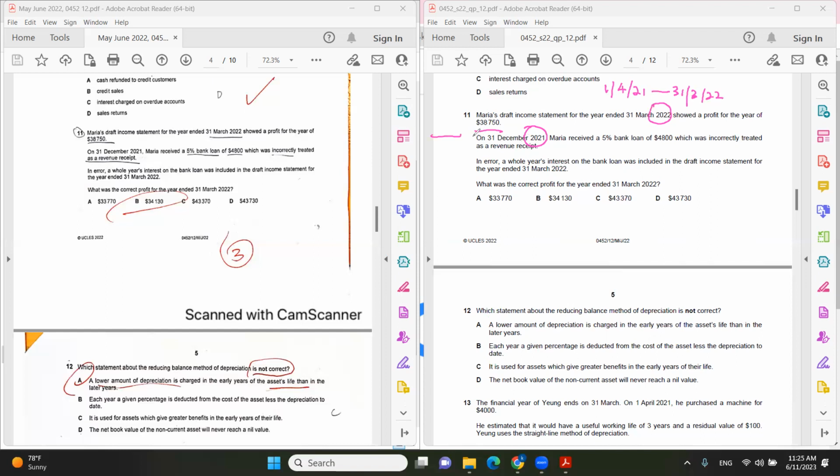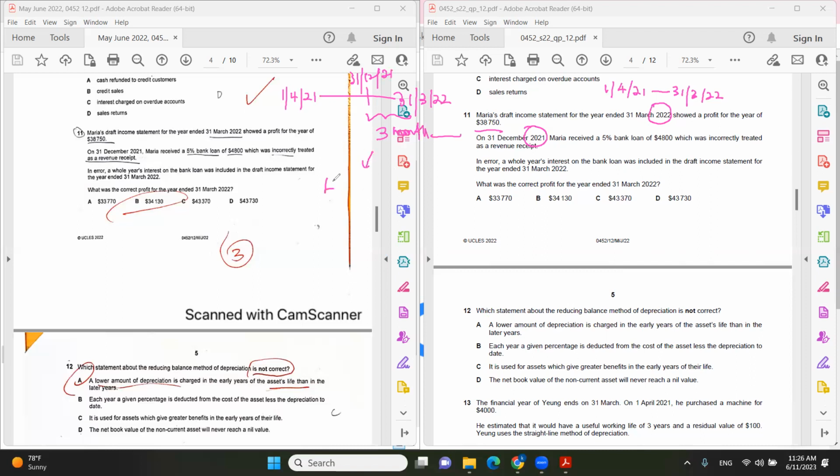This one, we need to count the period. Your this 1st Feb 21 to 31st December 21. From here to here, only 3 months. So the mistake is in here.